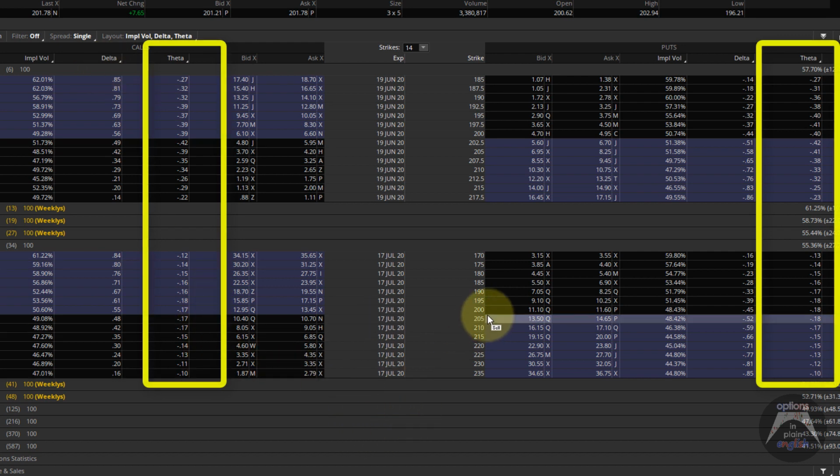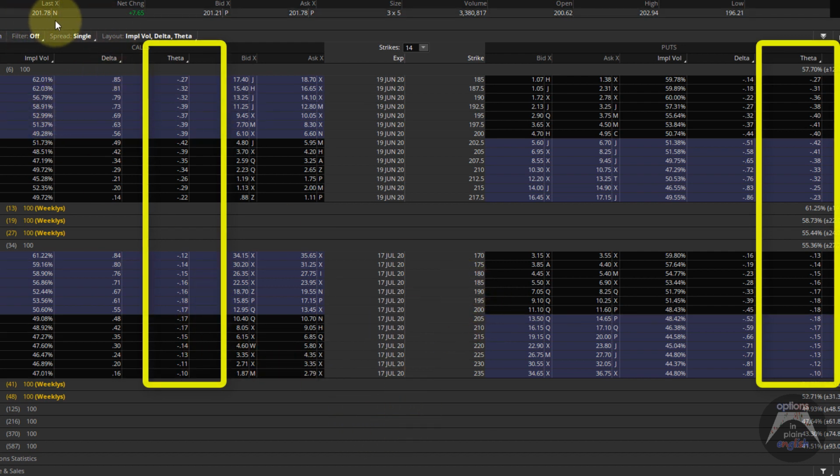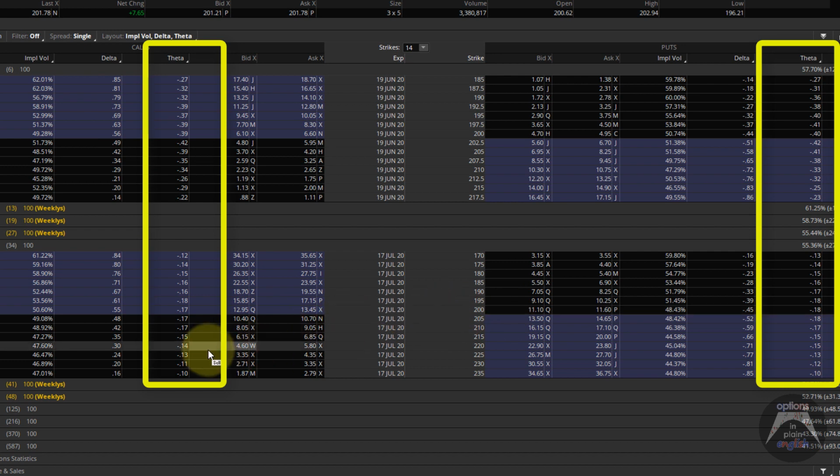So if you look at the money, which is the 200 more or less, when there's 34 days to expiration, the theta at the money is 17, and the theta, let's say for the 210, which has a delta of 42, is 17 as well. 17, 17, 18. And it's a similar number for the puts as well.